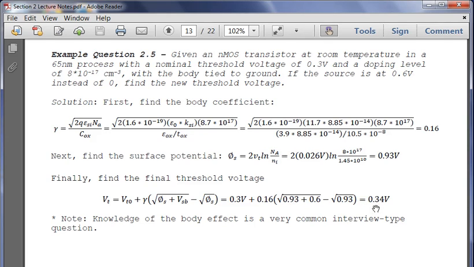Now, I made a little note here. Body effect becomes a very common interview question. That's partially because of forward and reverse body biasing. These are common issues if you want to work on performance versus power consumption. Since we've already learned in dynamic power consumption, CL times VDD squared times the frequency, that power consumption is directly related to the frequency.